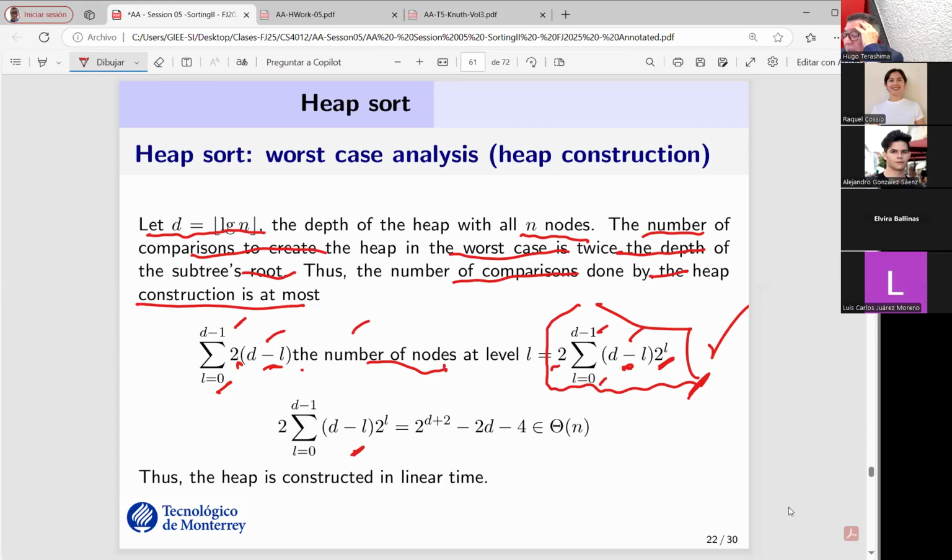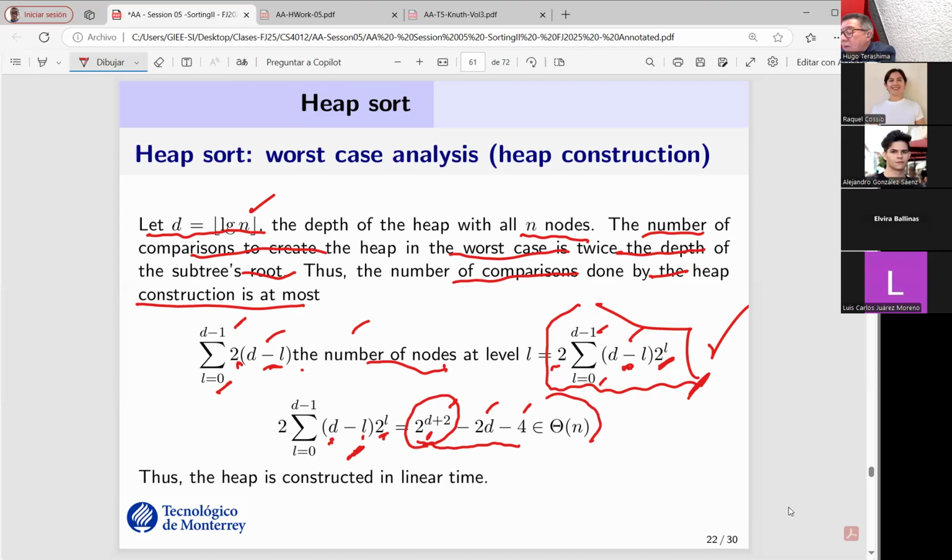You're going to have the summation of d times 2 to the L, which just gives a constant, and then the other is L times 2 to the L. So if you solve it, you're going to have 2 to the d plus 2, minus 2d minus 4. And this is the largest term, where 2 to the d is n, since d is log of n, right? So this is more or less n multiplied by 4, which is a constant.